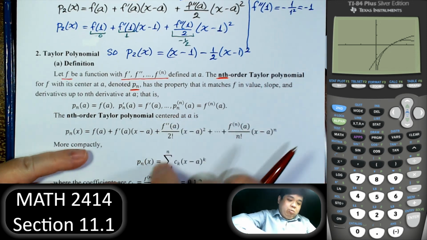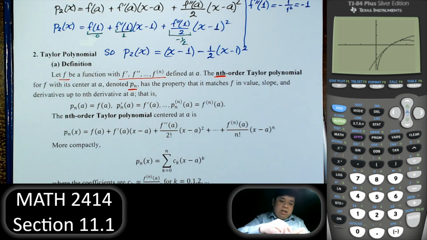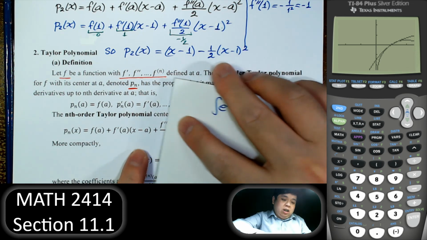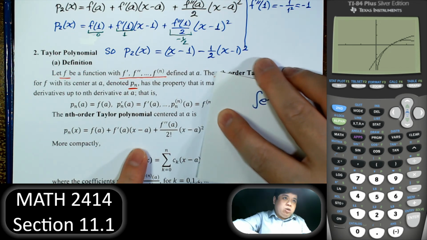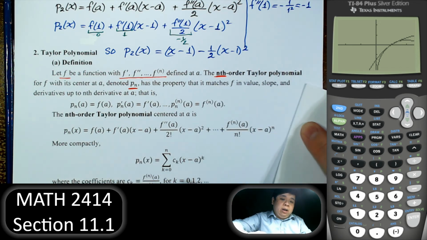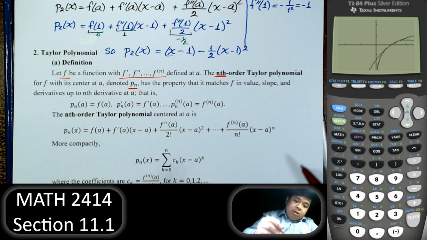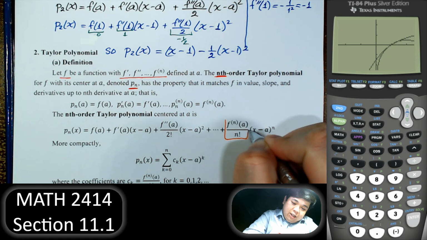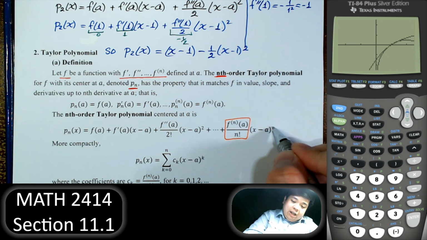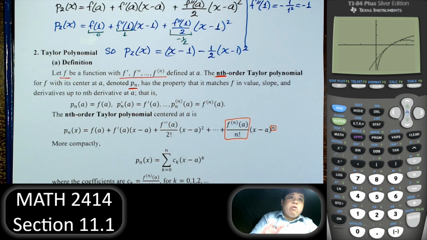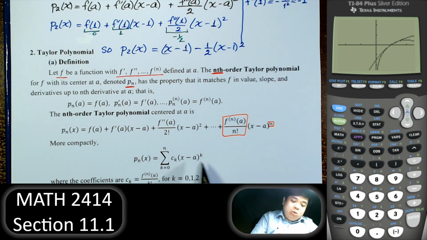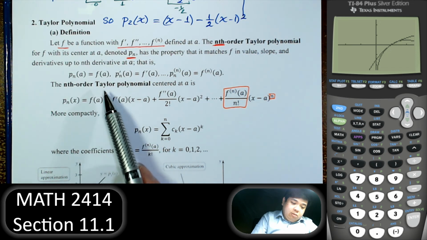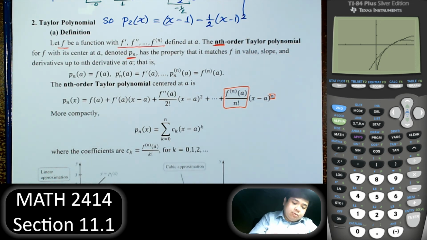In that case, you recognize that we saw this before: linear approximation, quadratic approximation. We just keep going. So the general formula has the n-th order derivative divided by n factorial, times x minus a to the n power. So we can write the n-th order Taylor polynomial in this form.